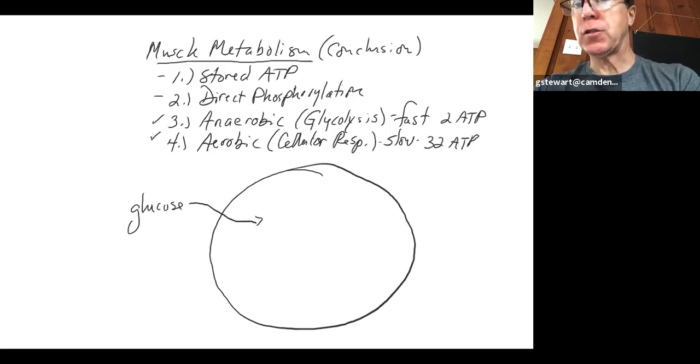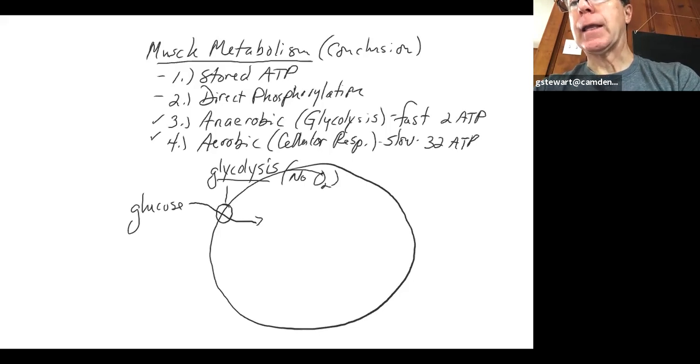So this is in the absence of oxygen. So glycolysis, the process of glycolysis occurs right here. So I'm just going to write glycolysis. I'm going to put in parentheses, no oxygen, and it gives us 2 ATP.